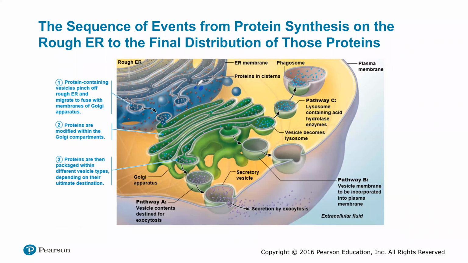So we can see that ribosomes attached to rough ER synthesize proteins. These proteins are now inside these cisterns; the lumen of rough ER is called cistern. Protein-containing vesicles pinch off and migrate to fuse with the membranes of the Golgi apparatus. So here they fuse.